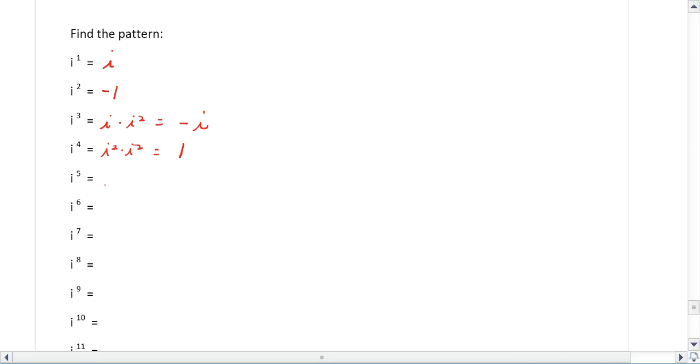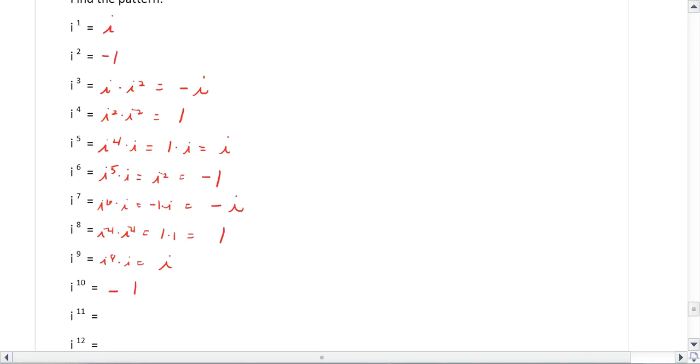Break down i to the fifth into i to the fourth times i, and figure that out. And then pause the video and keep going by yourself for a moment. Okay, so if you've had time to fill in some more of these, let's start observing the pattern. i, negative 1, negative i, positive 1.